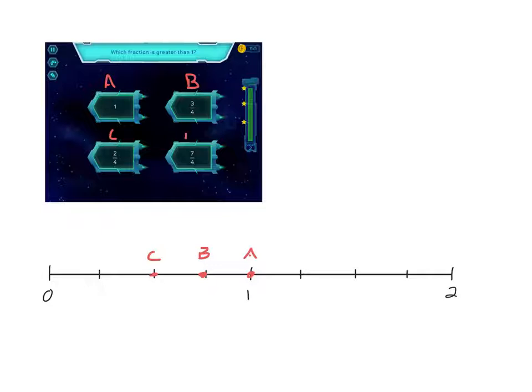So that leaves 7/4, which goes all the way out to here. If you count with me, that's 0, 1/4, 2/4, 3/4, 4/4, or the same as 1, 5/4, 6/4, and 7/4 would go there. So I could plot that right there, call that D. 7/4 is the one that is greater than 1.